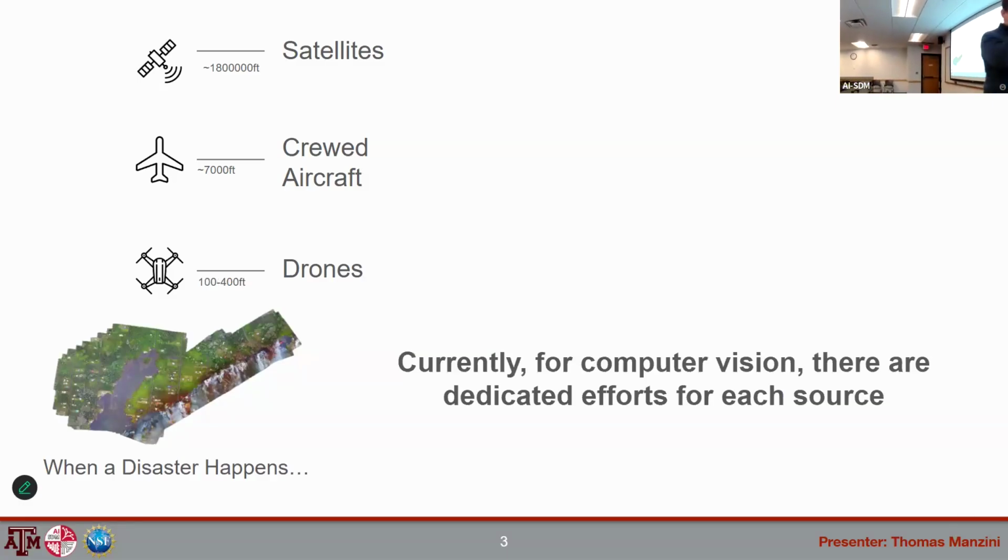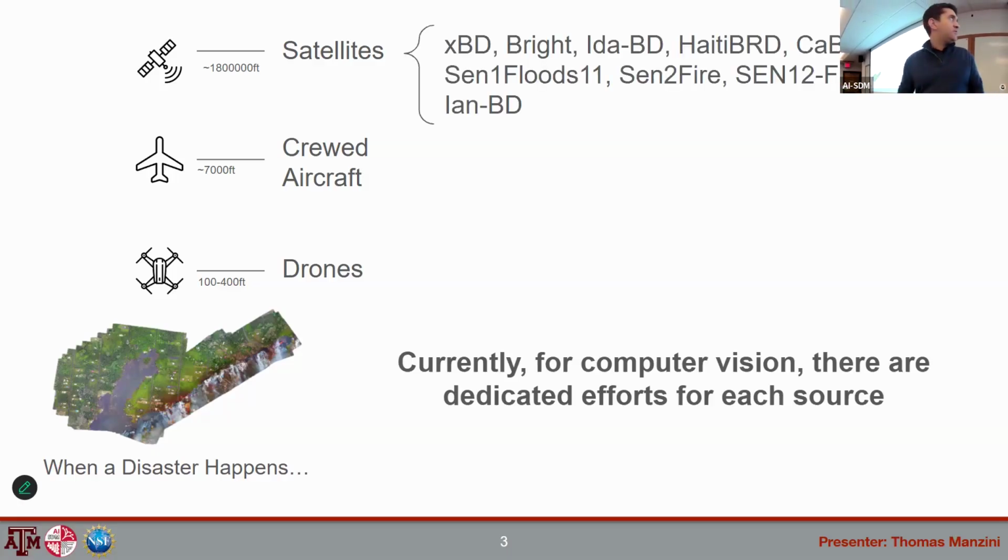This problem has been known about in the computer vision community for a while, but the community has really started to try and tackle it from a bunch of different angles. Coming out of the remote sensing community, there's XPD, the Bright dataset, IWD, and a bunch of others that all try to look at satellite imagery and come up with labels for what's going on in that imagery in hopes of supporting disaster response.